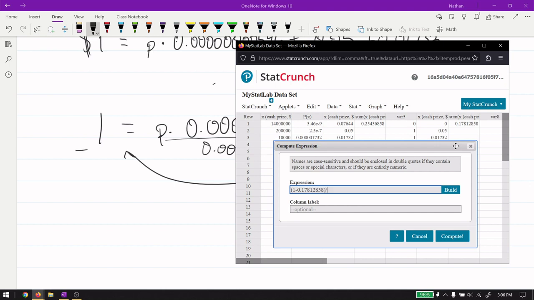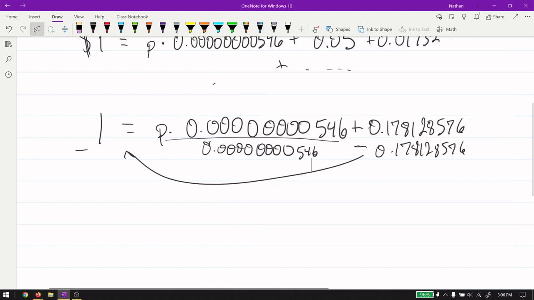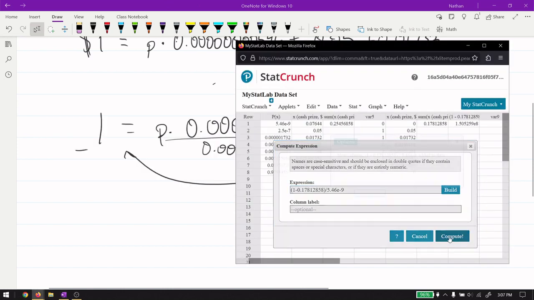That's going to be divided by this probability, which I can write as 5.46 e to the negative 9. That's the same as doing 0.00000000546. Okay, compute that.